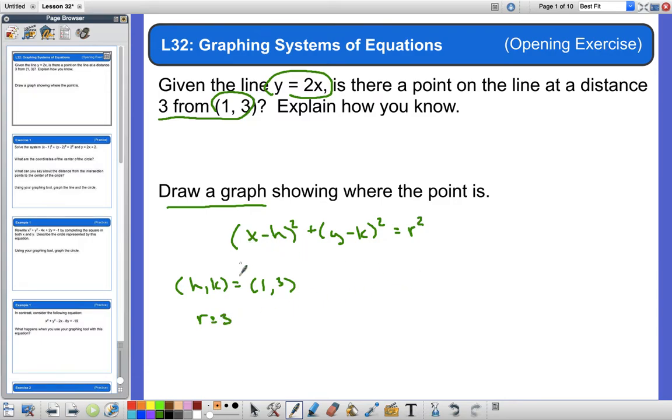So when we write this and fill this in, we're going to plug in h and k. So you'll have (x minus 1) squared plus (y minus 3) squared, and our radius is 3, so 3 squared is 9. And remember, the question is, given the line of y equals 2x, is there a point on the line at a distance of 3 away from the point 1, 3?